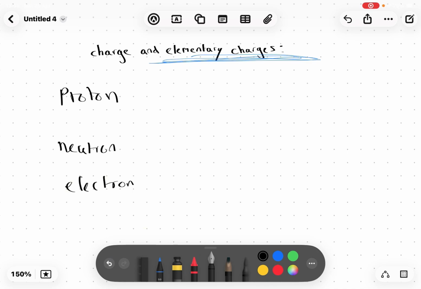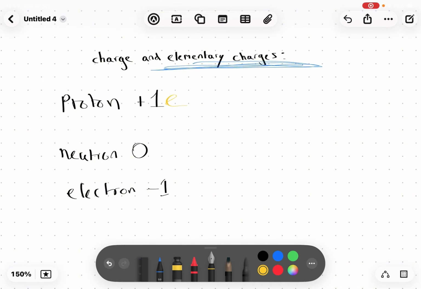Most of us know that protons are +1, neutrons are 0, and electrons are -1. That's right, however, we're missing a key thing. A proton is not just +1, it's +1e. A neutron is 0e. An electron is not -1, it's -1e.